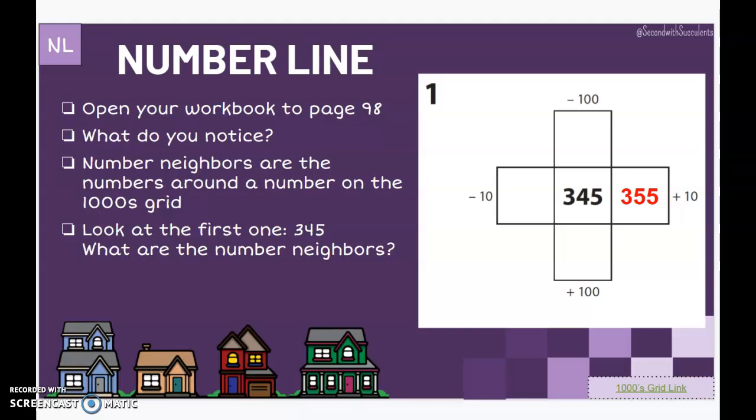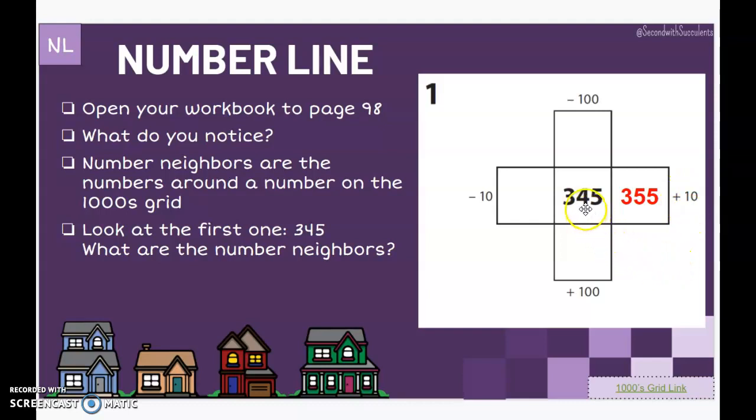What has happened to our number in the tens place? Show a thumbs up if you're thinking it went up by 1 or by 10. What about our number in the ones place? Did it change? No, it didn't change because we're only changing the digit in the tens place.